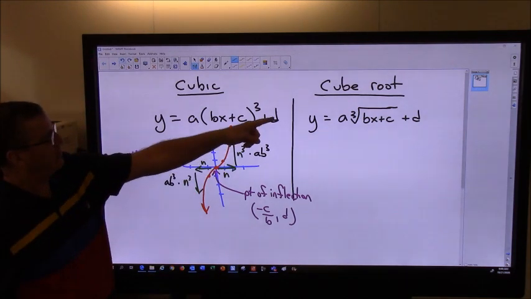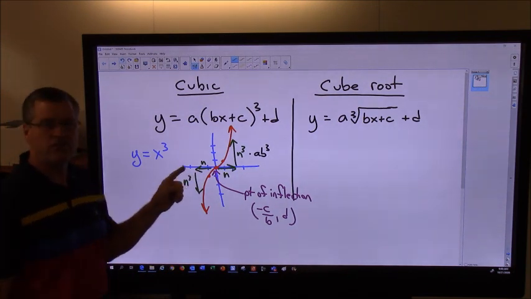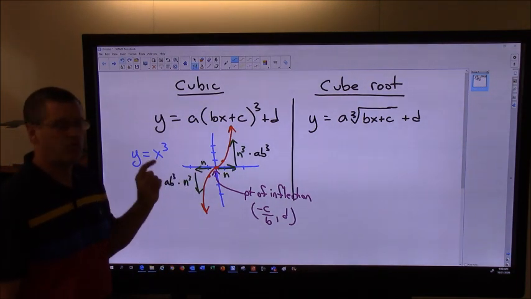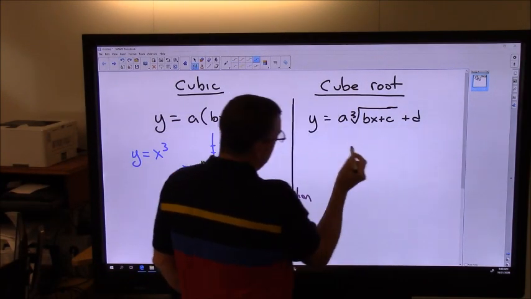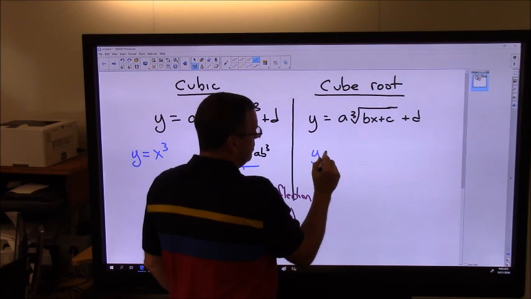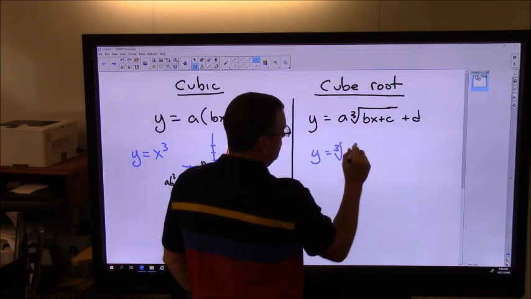All right, cube root. You're going to see that it's very similar to this, just one slight difference. So let me set up a graph here. First of all, my most basic function is going to be y equals the cube root of x.